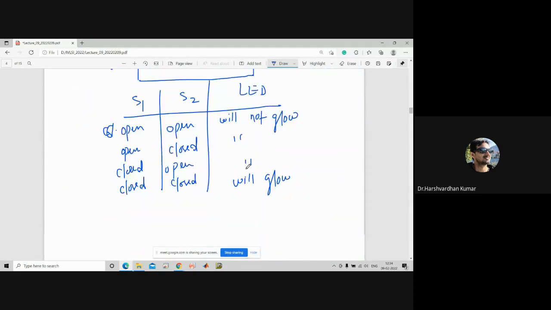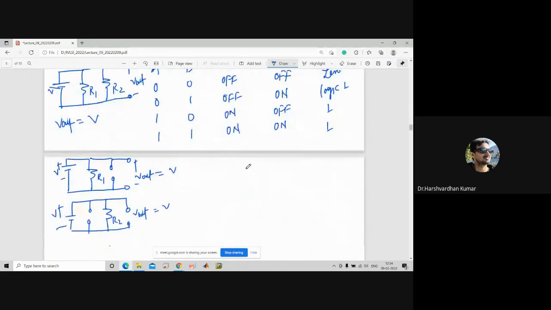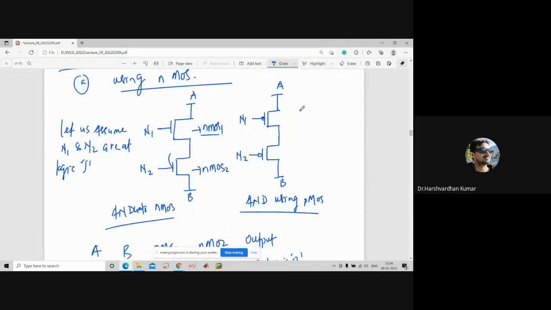Okay, so what will be the conditions for these circuits? What will be the assumptions? What will be the necessary conditions here? For the PMOS, using PMOS, what will be the conditions for N1 and N2? At logic 0.